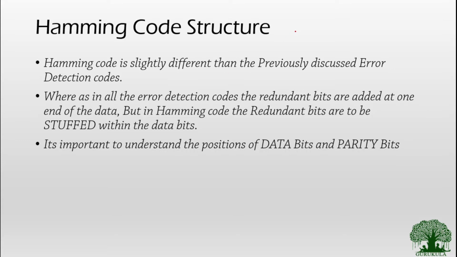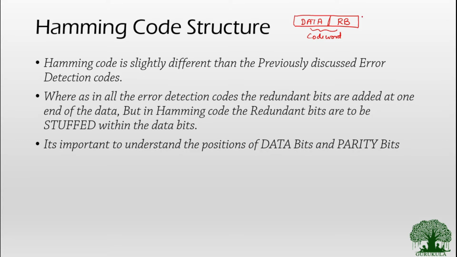In all the previously discussed error detection codes, we studied the concept that if this is the stream of data which I am going to transmit, there will be a part of data bits which I want to transmit, and then there will be a group of bits we call redundancy bits. These two things together are called the code word, and this is what will be transferred from transmitter to receiver, or source to destination.